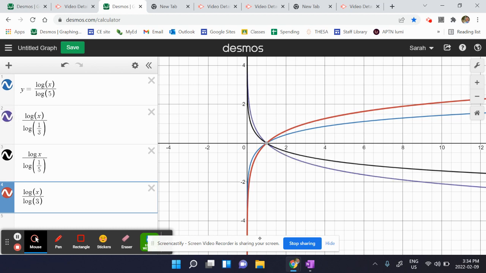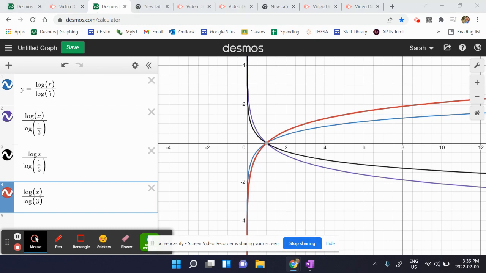And then the black line here is 1/5. And again, that's getting closer than the purple line, which is 1/3. Okay? You should notice that there's an asymptote here where x is equal to 0, the y-axis. Okay? And you'll notice they all go through this point, (1, 0).